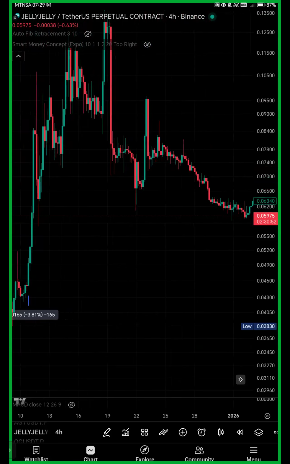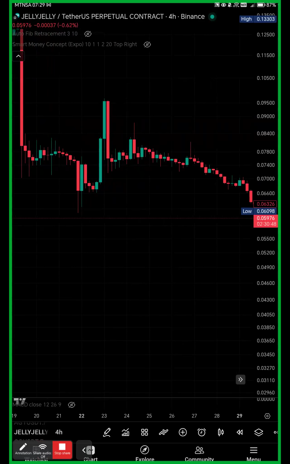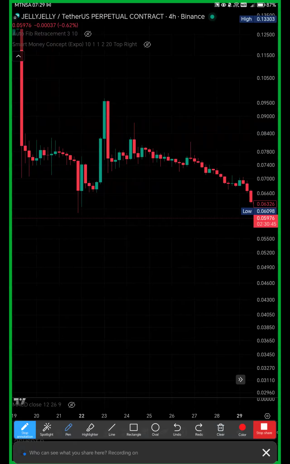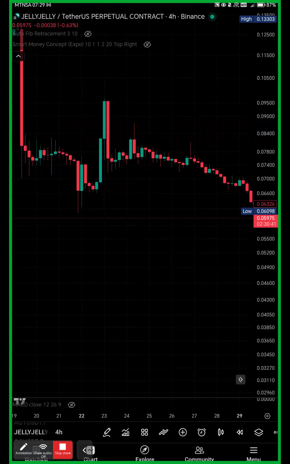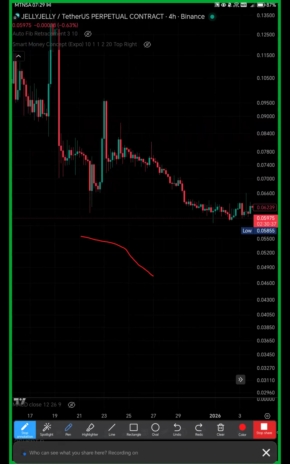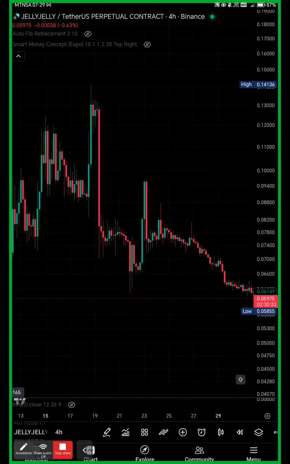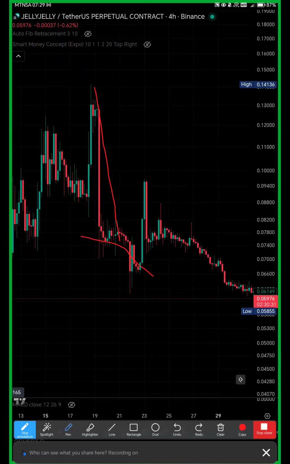Let's look at this one here, though it's not a good one because of the uptrend. This was just a retracement, it was not an uptrend. It was a downtrend here, and the market retraced a little bit up, and then it continued to go down.